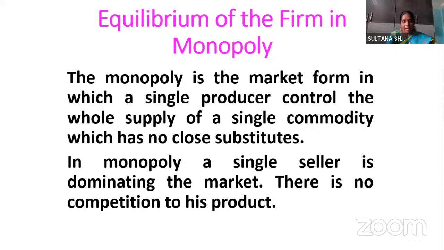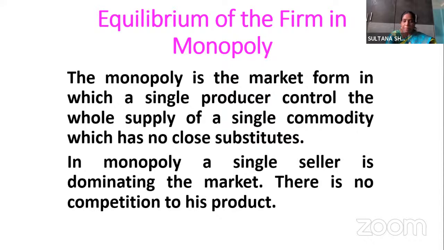The monopolist has the power over that product, so they can control the whole supply of a commodity, because no close substitutes are there. Single seller and no close substitutes lead to monopoly power on that product. In monopoly, a single seller is dominating the market, because there is no competition to his product.